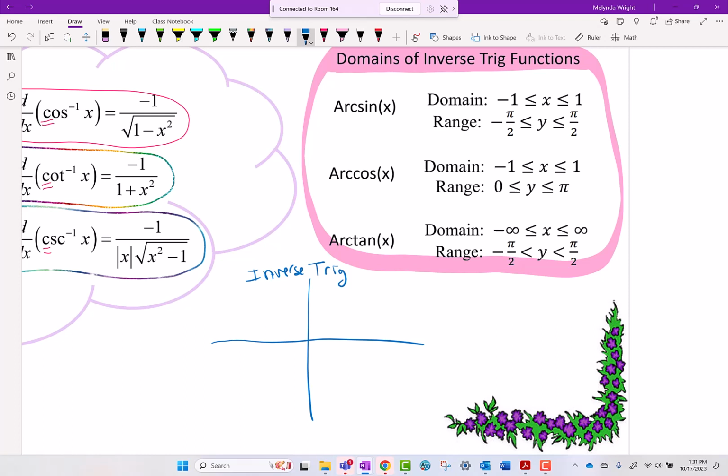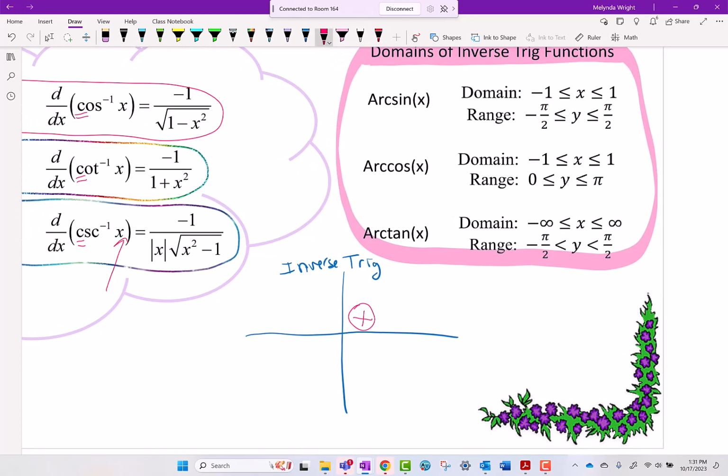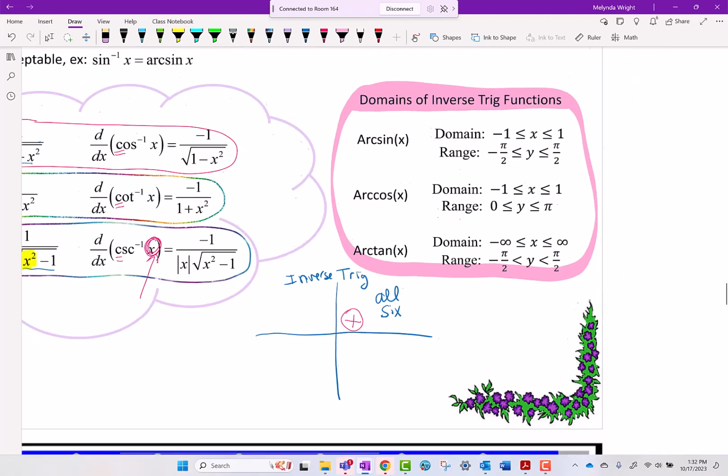For positive, I'm just going to put this in. If this x value is positive, these x values right here, then the angle measure is going to be in the first quadrant, period, all six.